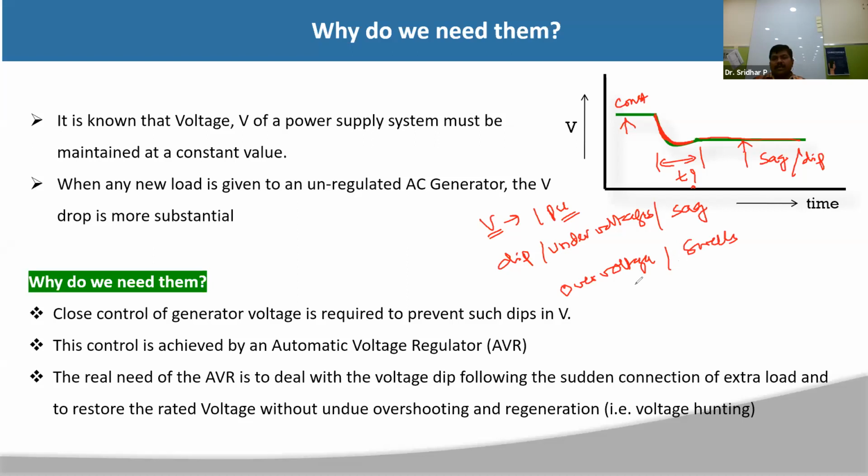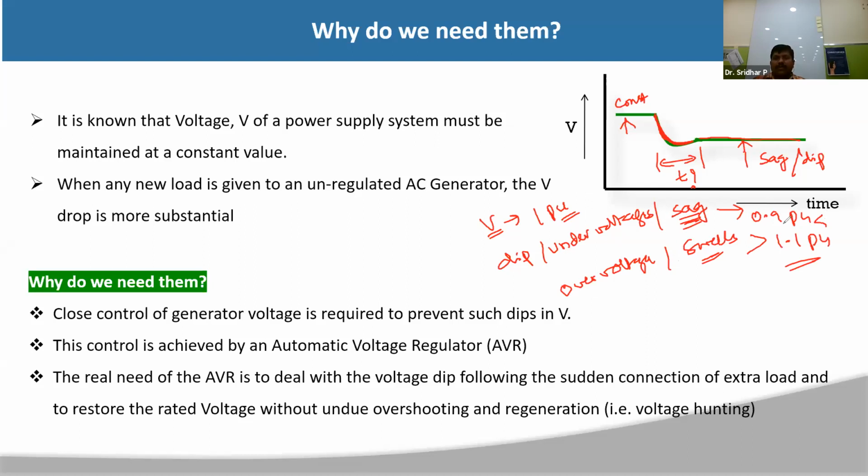Now what are these over voltages or swells, and what are under voltages and sags? If the voltage is 0.9 per unit or less, this is called a sag, exactly the under voltages. Swells means 1.1 per unit and more. So 0.1 per unit is the acceptable deviation.